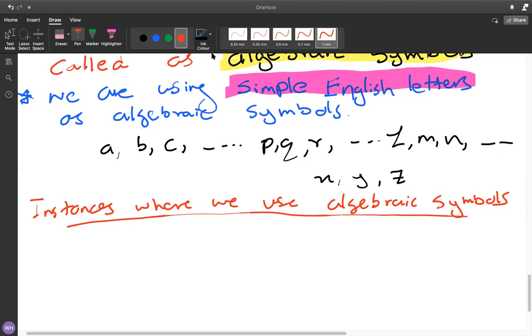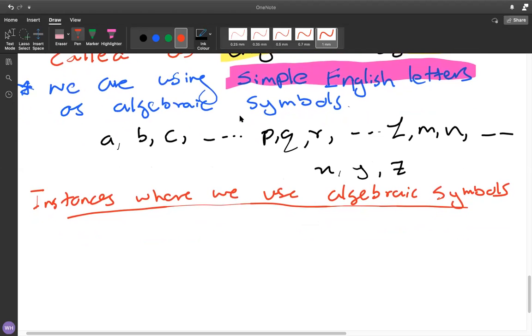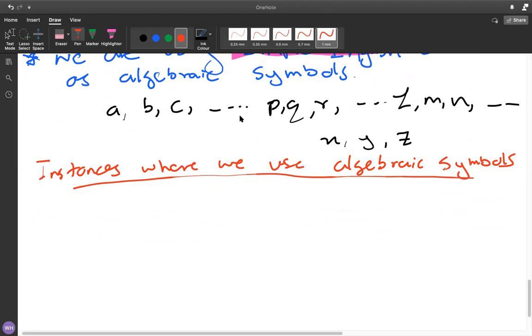Have you written this? Yes, sir. Okay, I thought that you had fallen asleep. Okay, write this heading: instances where we use algebraic symbols.